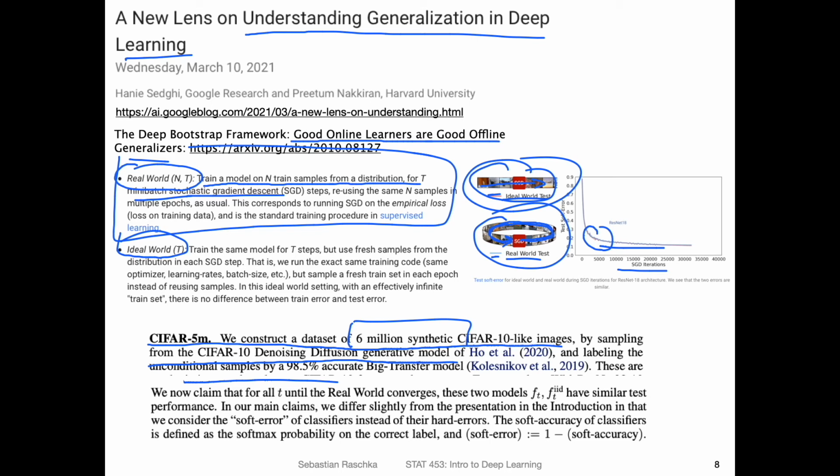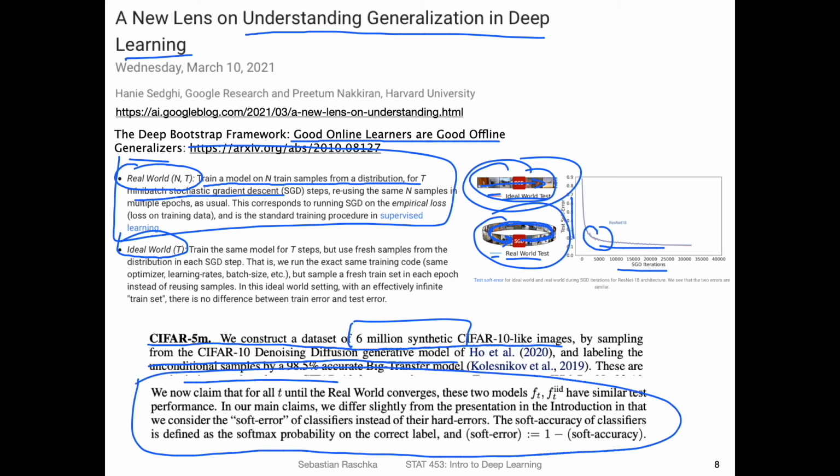And another little thing I want to mention is it's actually not the test set error. It's something called test soft error. So it's not a test accuracy, but a soft error. I was a bit confused by that. I haven't seen that before. So they had a paragraph on that. Here it's essentially what they call a soft accuracy of classifiers, defined as the softmax probability on the correct label.